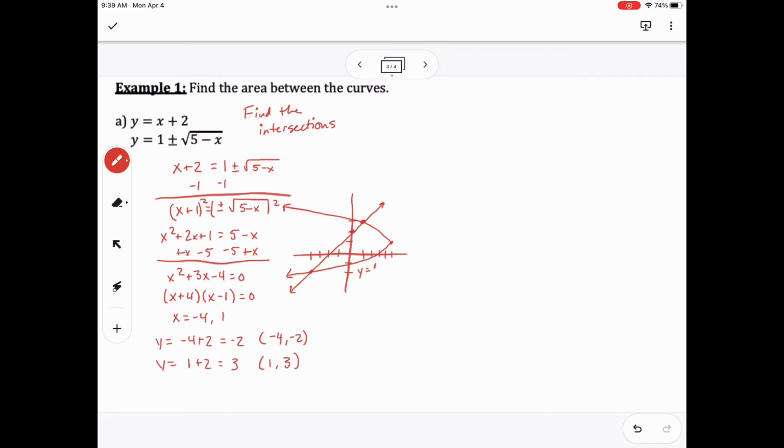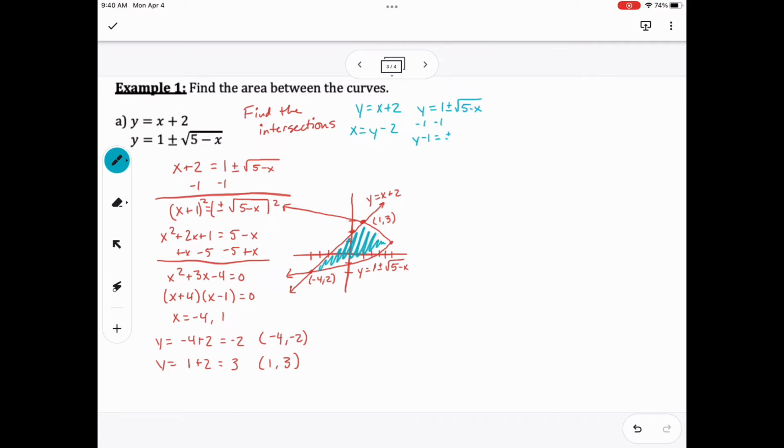Now, you can always do this with x in mind, but if you look at this one, it's slanted to the side because of that square root of 5 minus x. And so the line x plus 2 is not always above the function 1 plus or minus the square root of 5 minus x.